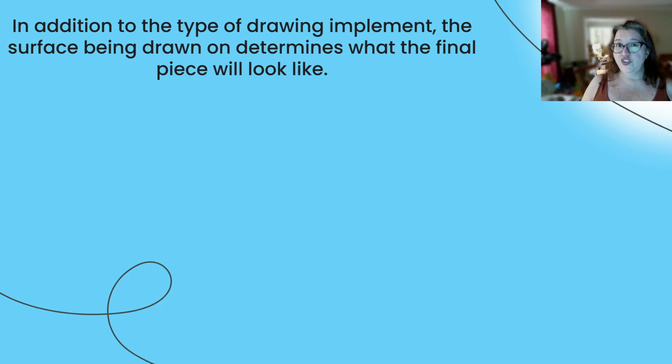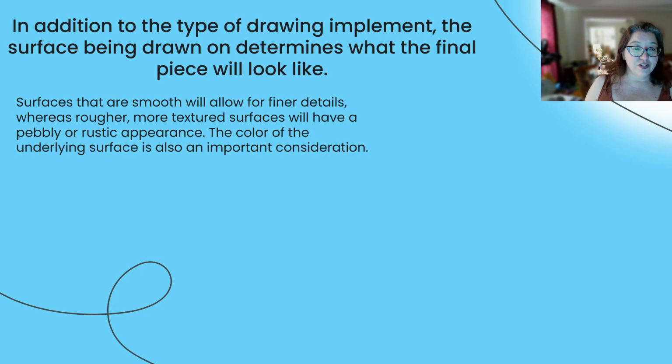Also, what you're drawing with, we kind of went over. What you're drawing on, the surface and the textures of the surface really will change the outcome of your piece. For example, with smooth surfaces, you can have much finer lines and finer details. The more textured your surface, the more gaps there are going to be where the point of your item is not making contact with the surface, with the paper, with the driveway.